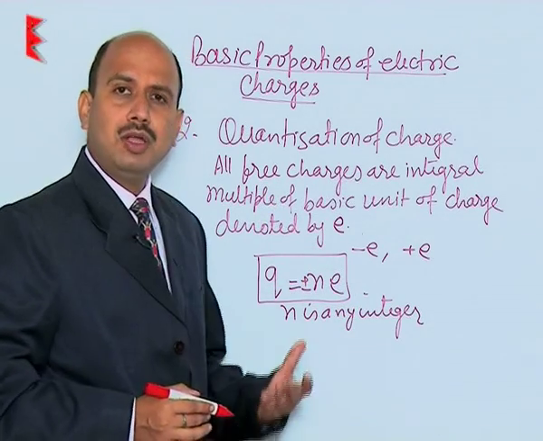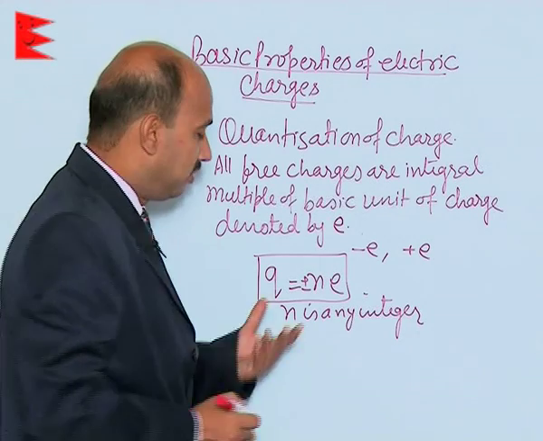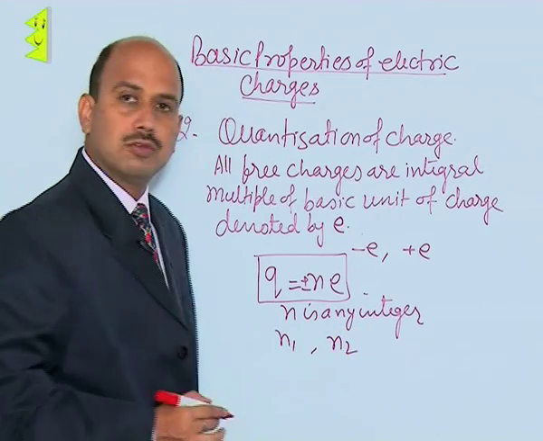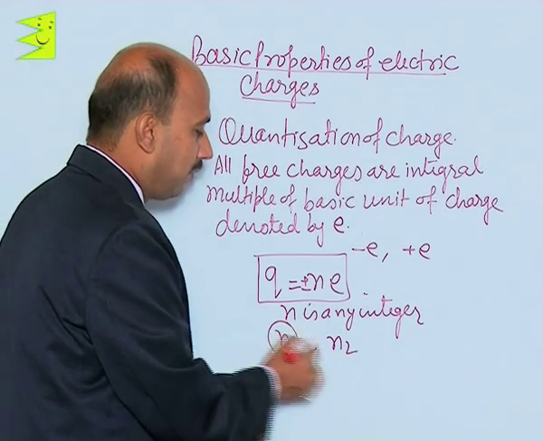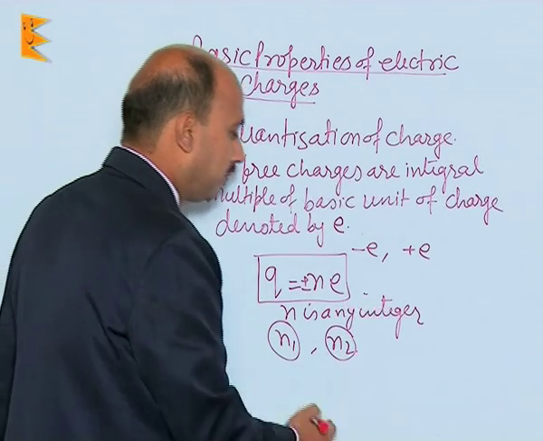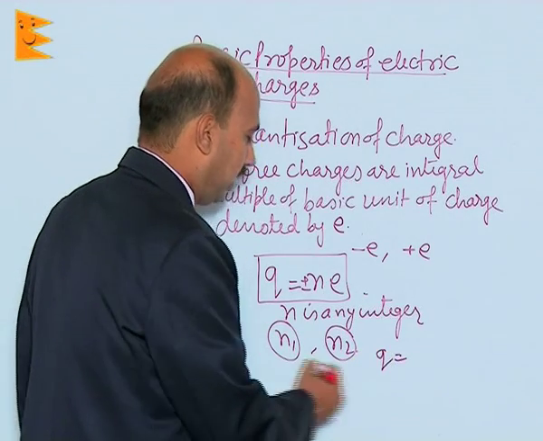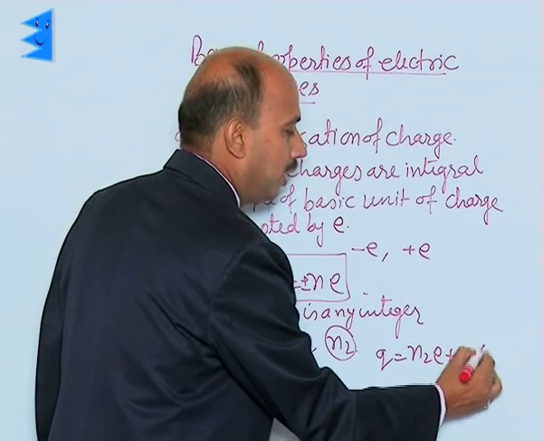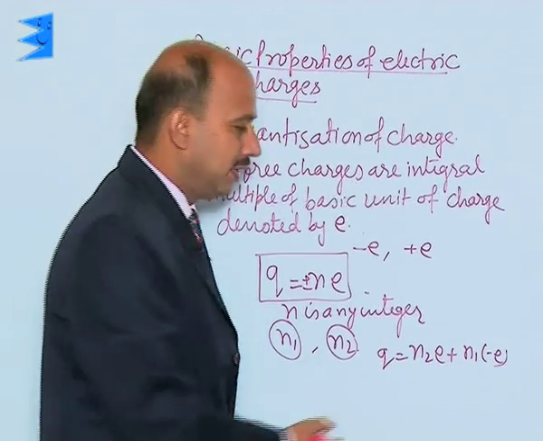Now, any body or any atom, suppose it contains n1 number of electrons and n2 number of protons. So, n1 is the number of electrons, n2 is the number of protons. So, we can write here q is equal to the total charge, n2 e plus n1 into minus e, because for electron we write negative charge.